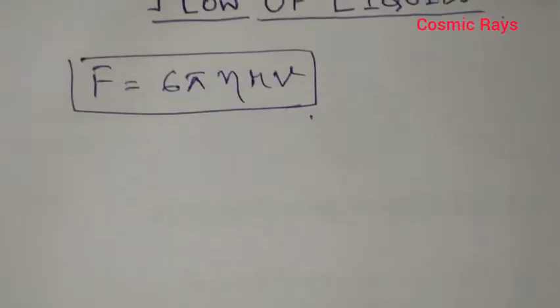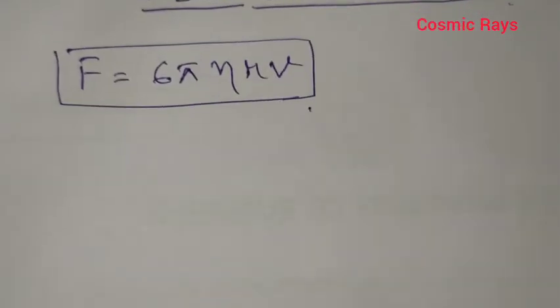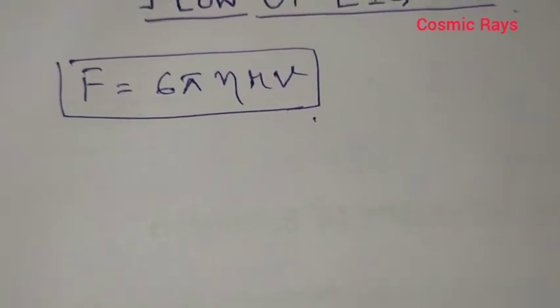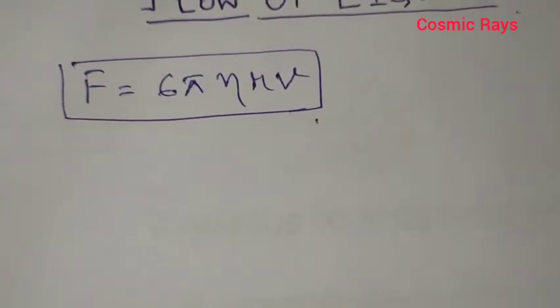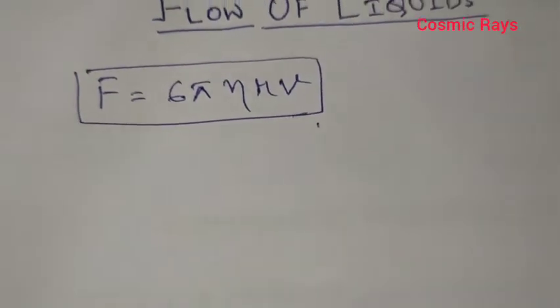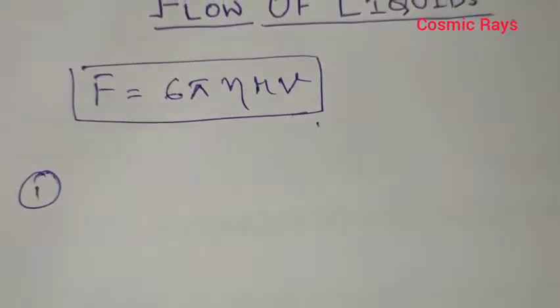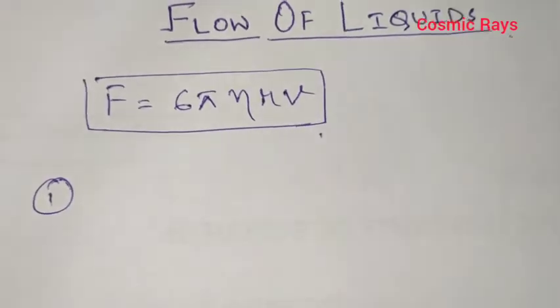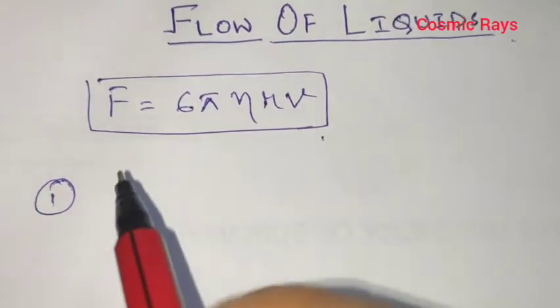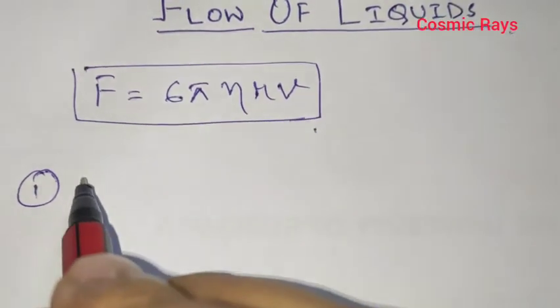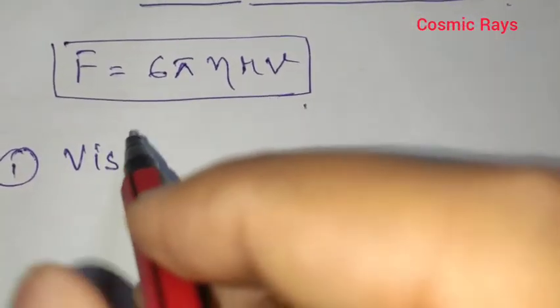Now we will find out the factors on which the volume of liquid flowing per second through a pipe depends. The first thing is viscosity.